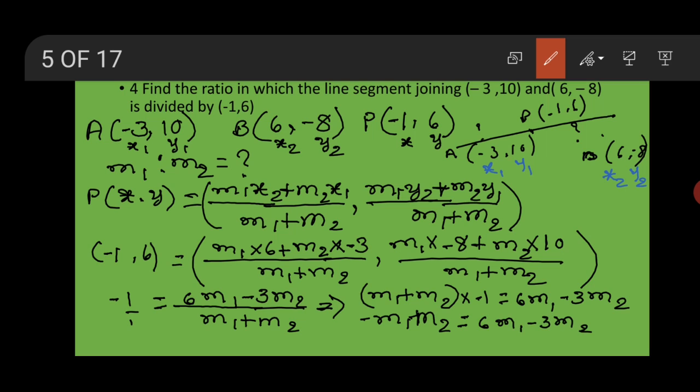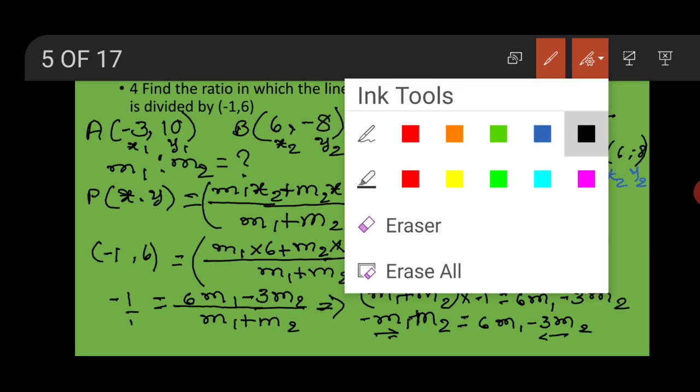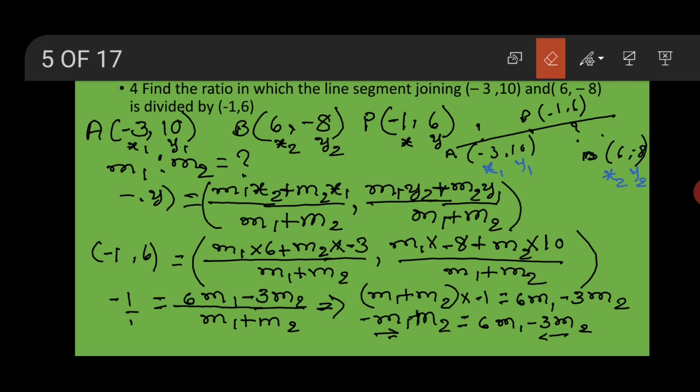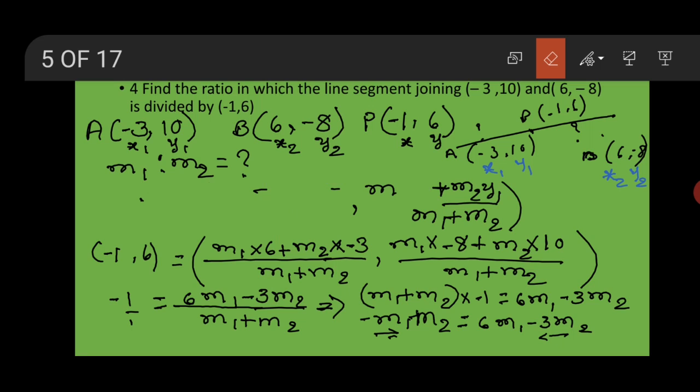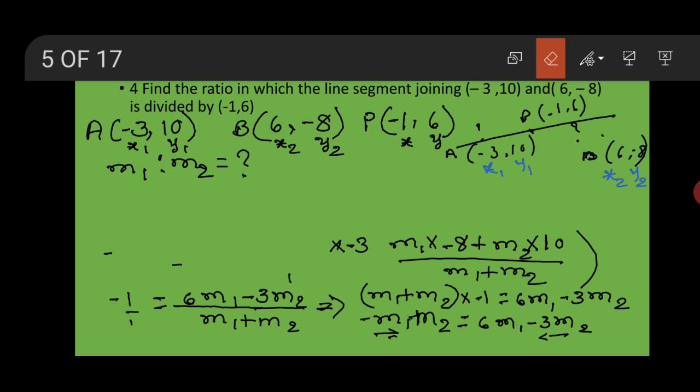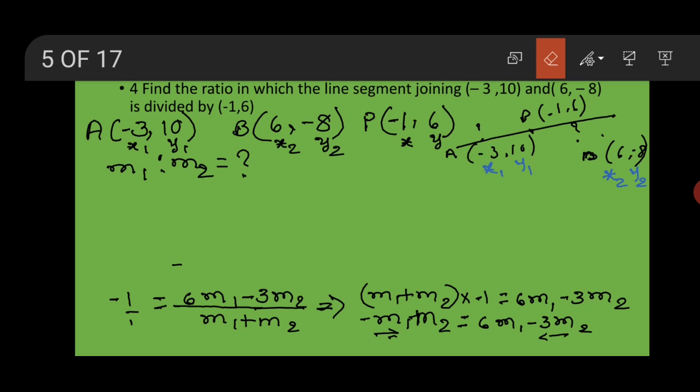Simplify, you will get minus m1 minus m2 is equal to 6m1 minus 3m2. Now carry minus m1 to the right hand side, minus 3m2 to the left hand side. Then you will get, what do you get? Simplify again.